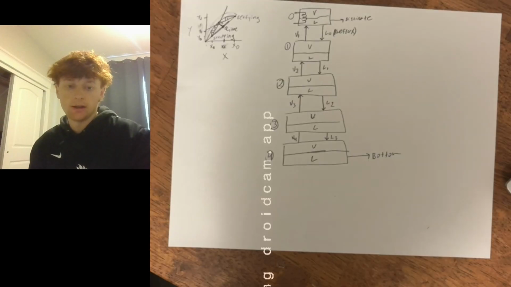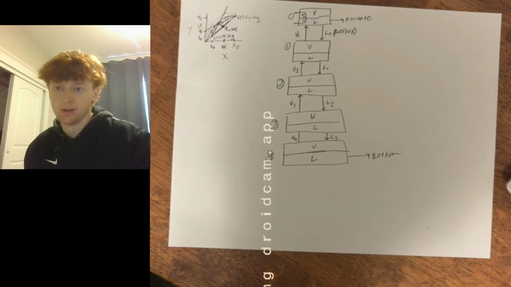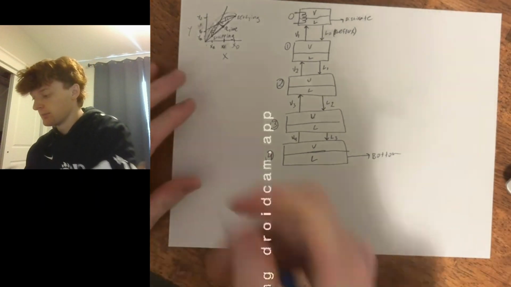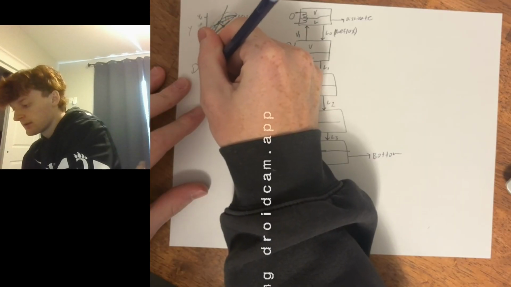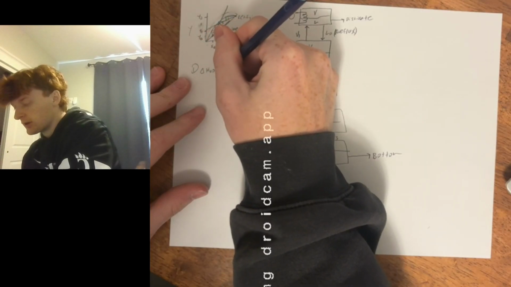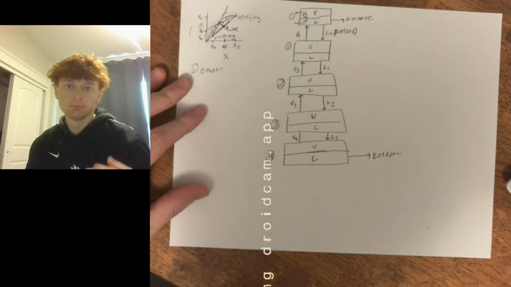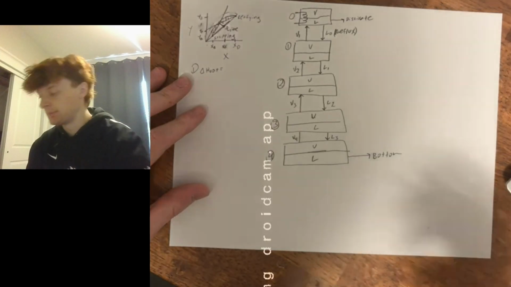And next, I want to go through these assumptions a little bit more in detail because they're going to help us derive our operating lines a little bit better. So the first one again is our heat of vaporization is equal for each mole evaporated.